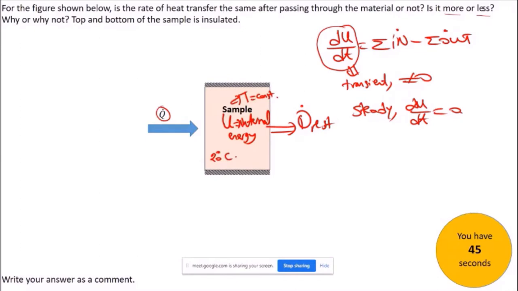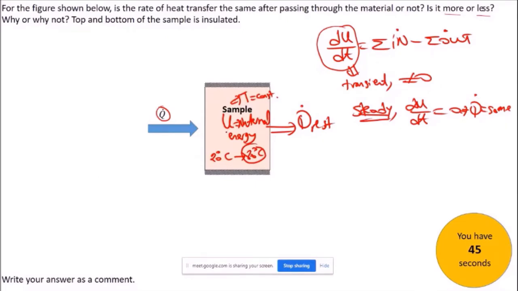If it was 20 degrees Celsius and increased to 80 degrees Celsius, now it doesn't change its temperature. Therefore, internal energy doesn't change. Whatever comes to the system leaves the system. Therefore, Q dot is the same. If you approximate a steady case, it is the same, but if you approximate a transient case, you will have less due to energy loss in the system. That energy loss becomes internal energy of the system. So there are true answers, but we will evaluate the answers after the lecture ends.